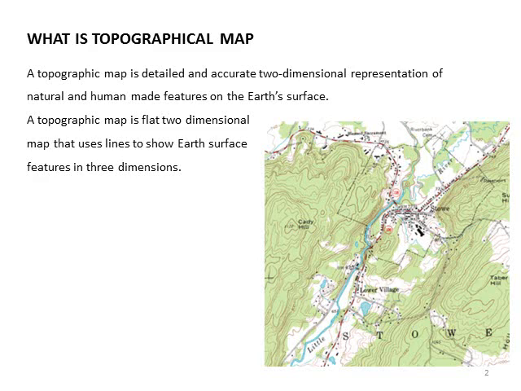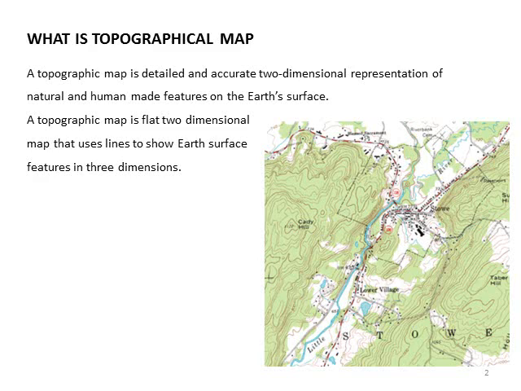So here in the picture you can see a drawing of a map. What type of drawing is it? It is a topographical map. So what is a topographic map? A topographic map is a detailed and accurate two-dimensional representation of natural and human-made features on the earth's surface. It shows a detailed account of man-made and natural features.